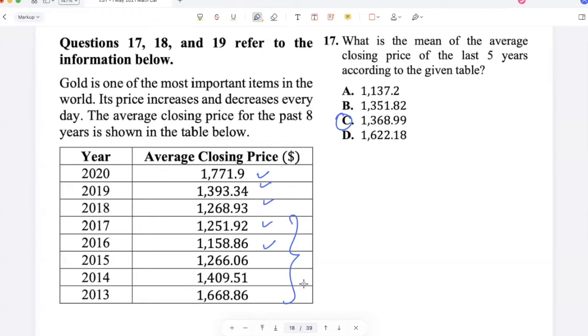This divided by 5. 1351 point. Okay, so I'm getting 1351 point. Yeah, so it's C.